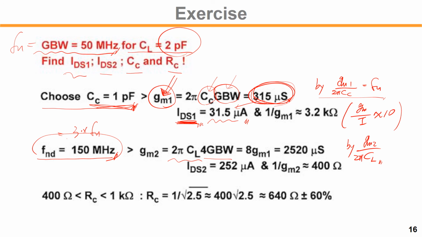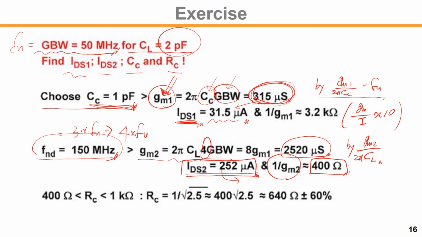For rough margin, we put a factor of 4, so we design for 4 times FU in this example. In that case, the required GM2 is 2520 microsiemens. Again with GM efficiency about 10, we require a current level of 252 microamp, right? Once GM2 is found, 1 over GM2 is 400 ohm.